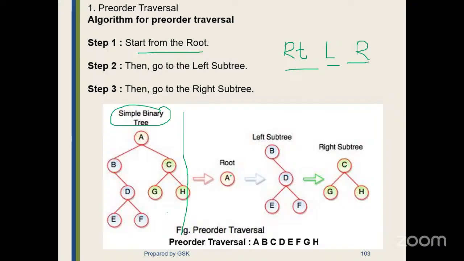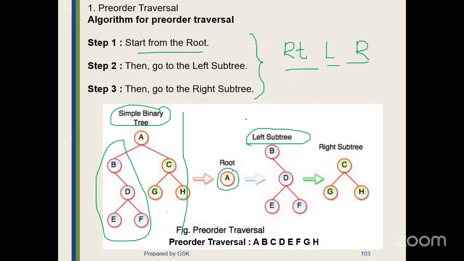First, we need to visit the root node as per the algorithm. And what is the left subtree it has? This is the left subtree, right? And apply the same rule for the left subtree also. What is the same rule again? In that left subtree also, visit the root node first. What is the root node here?